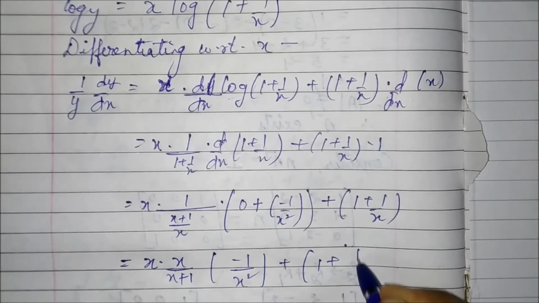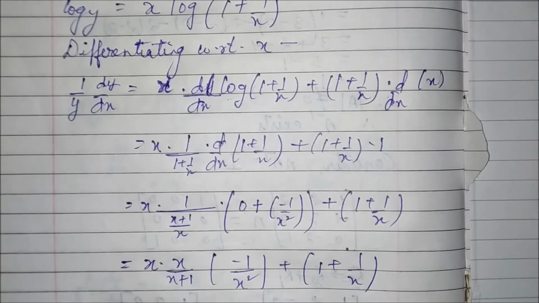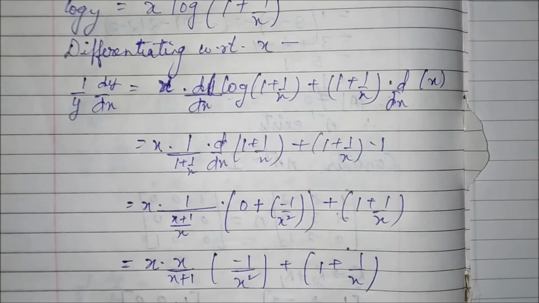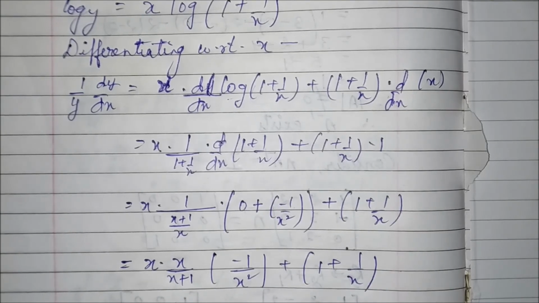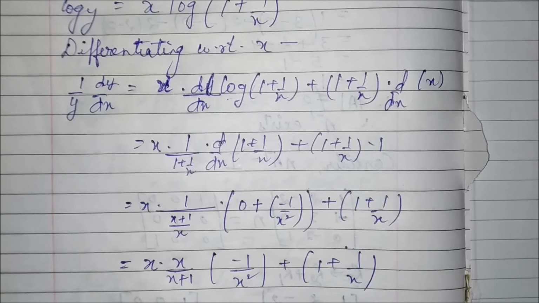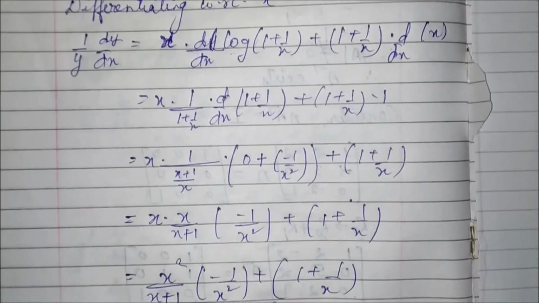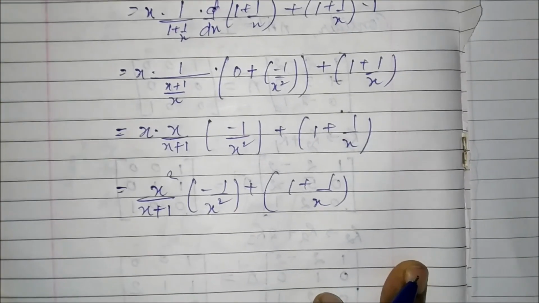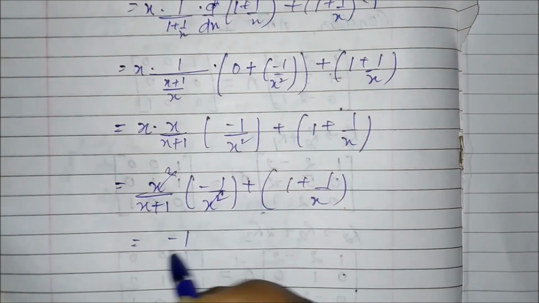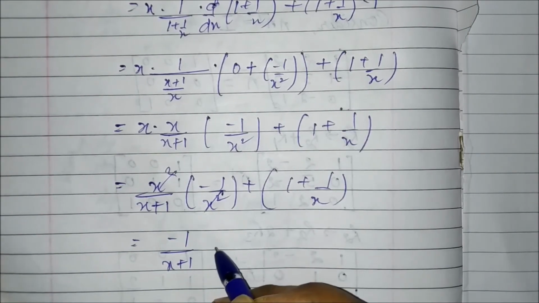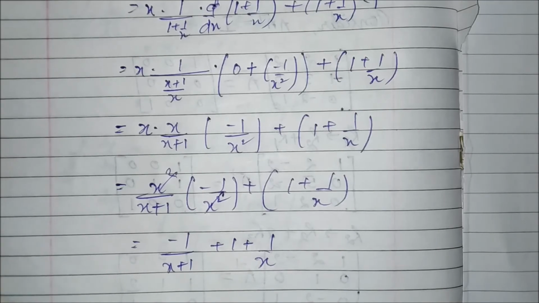So x into x upon (x plus 1) into minus 1 upon x square, plus log (1 plus 1 by x). Okay, cancel this. We get minus 1 upon (x plus 1) plus log (1 plus 1 by x).